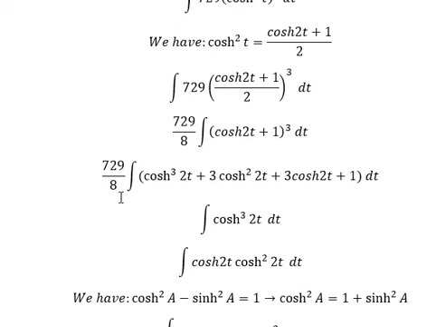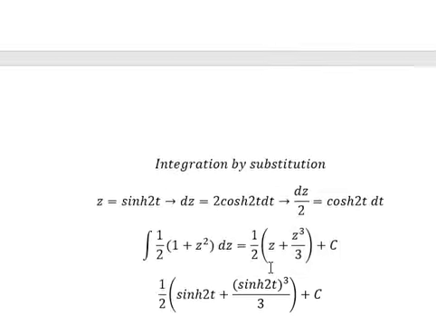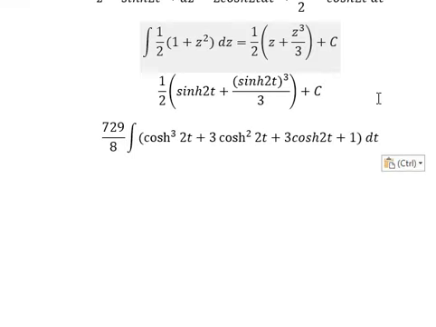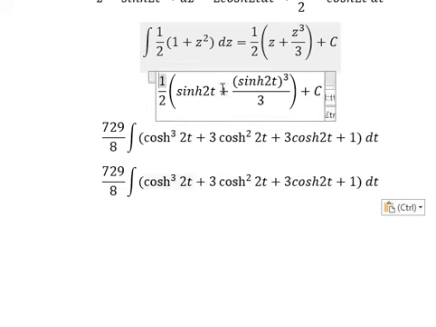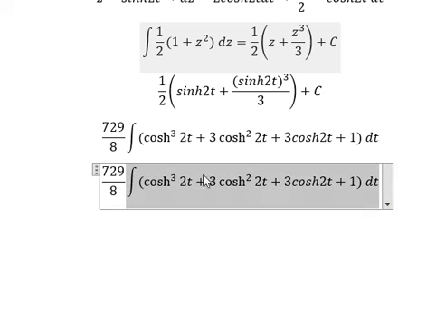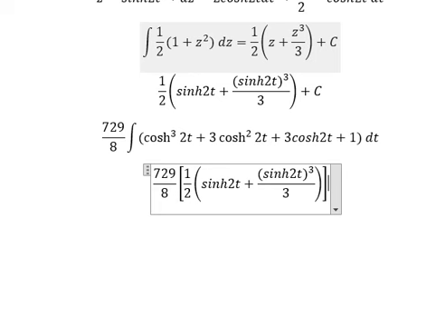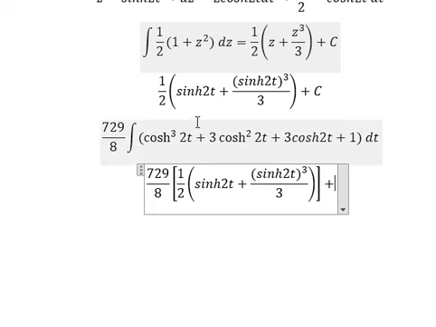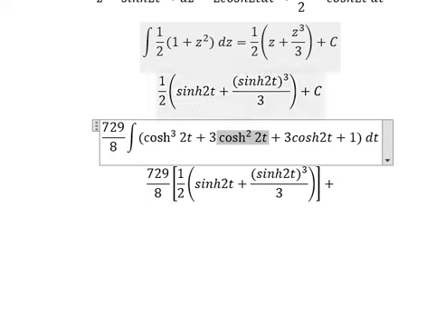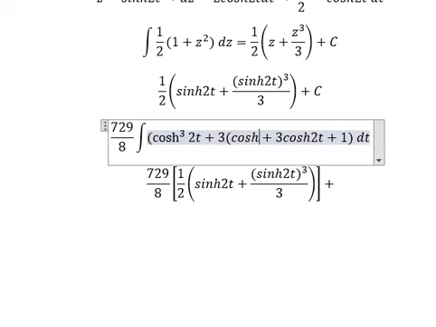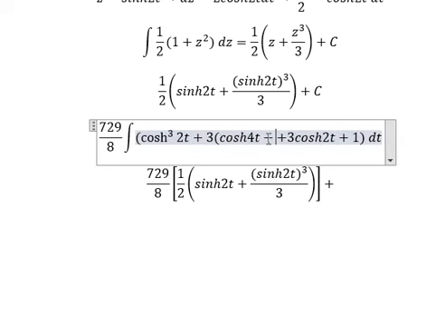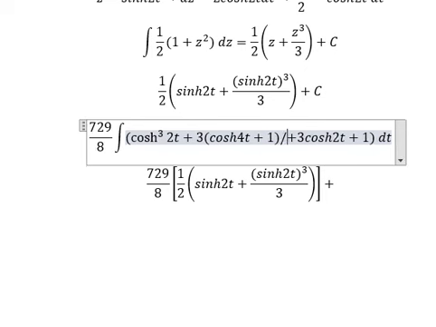Now we go back in here. The integration of this one, that is this one. So we know that this one, that is cos 4t plus 1 over 2.